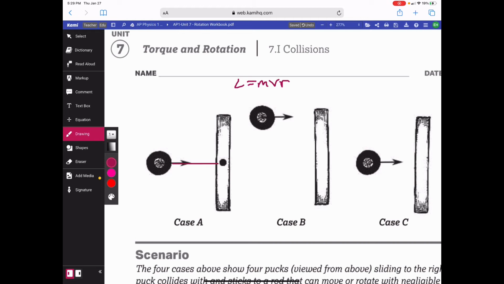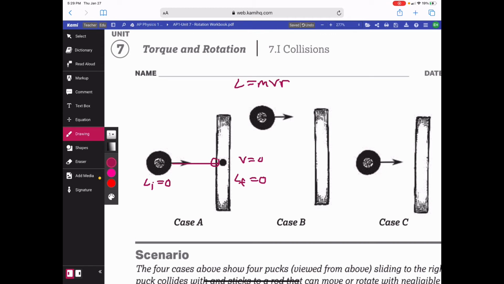It has mass and velocity, but when it collides, it's going to be at the point of rotation. So for case A, L initial is 0. There's no angular momentum before you collide. And when you collide, you stick to the rod, which means the speed comes to rest, and your final angular momentum is also 0.